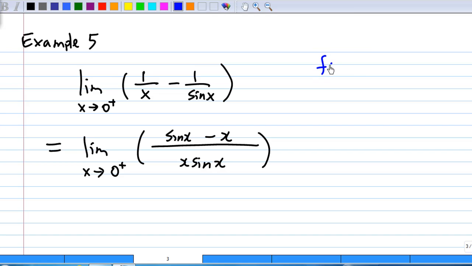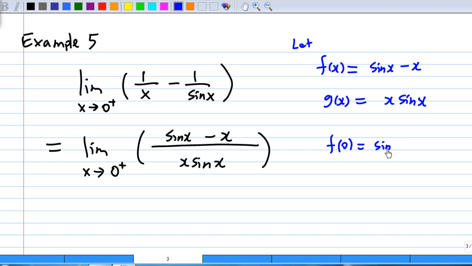Let f(x) equal sine x minus x, and g(x) equal x sine x. Then we know that f and g are continuous at 0 and differentiable at 0. Moreover, f(0) equals sine 0 minus 0, which is 0. g(0) equals 0 times sine 0, which is again 0.